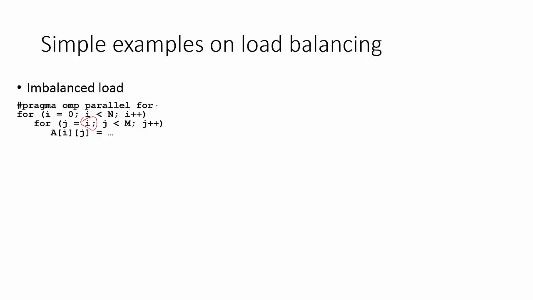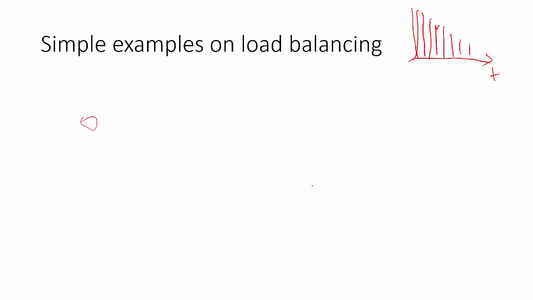So if you just parallelize the outer loop with a normal pragma omp parallel for, this code will have a load imbalance. Basically, if you plot the amount of work on each thread, the first iterations will have a lot of work, and then i will have less, and so on.